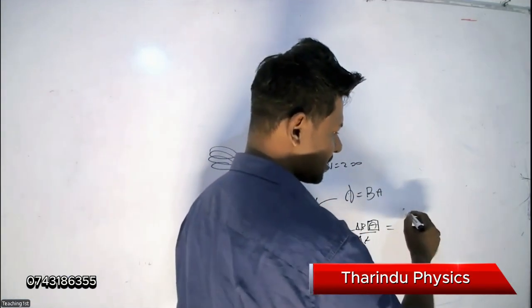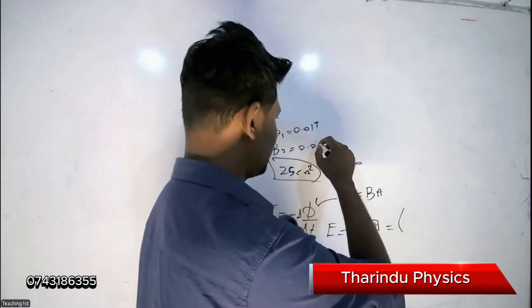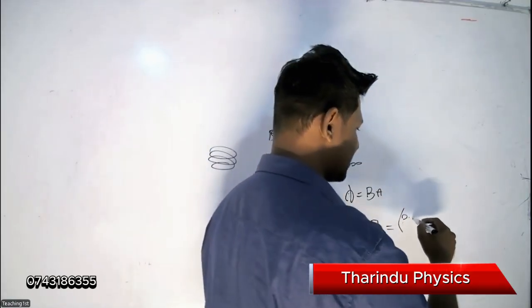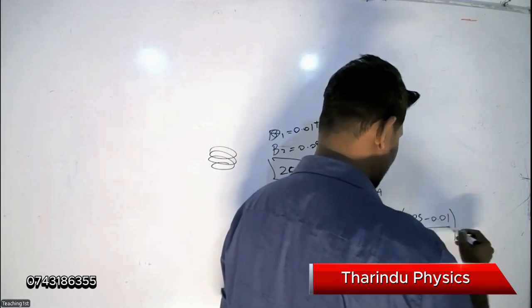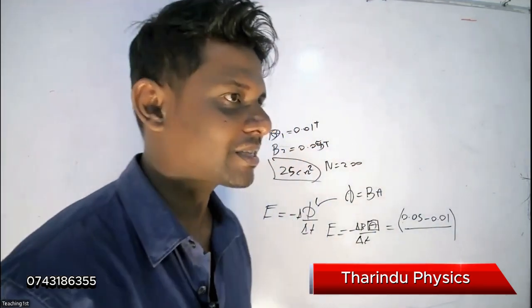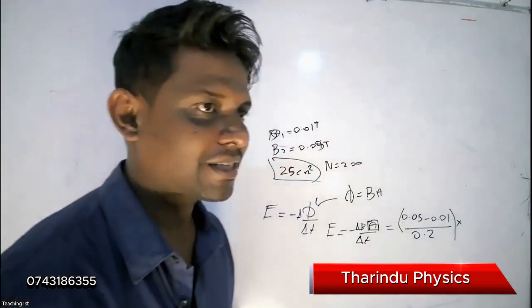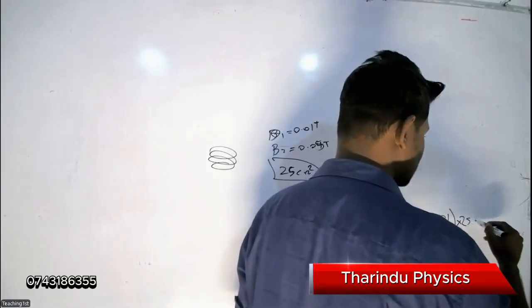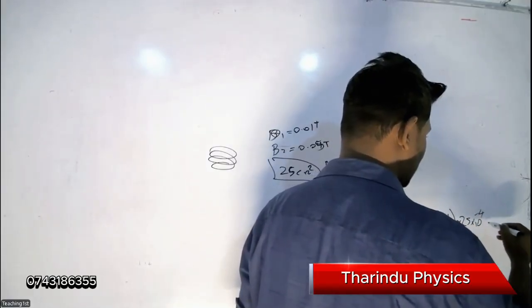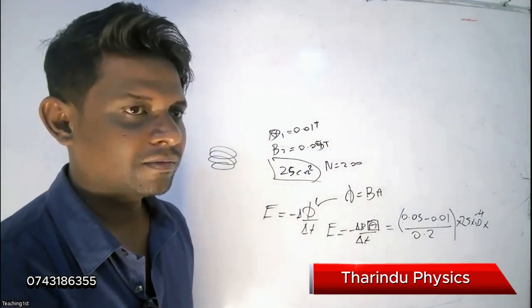Let's apply the values. 0.05 minus 0.01 divided by the time taken, 0.2, multiplied by the area, 25 into 10 to the power minus 4, multiplied by what?